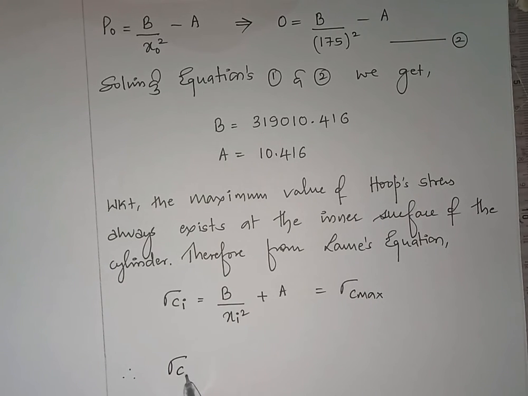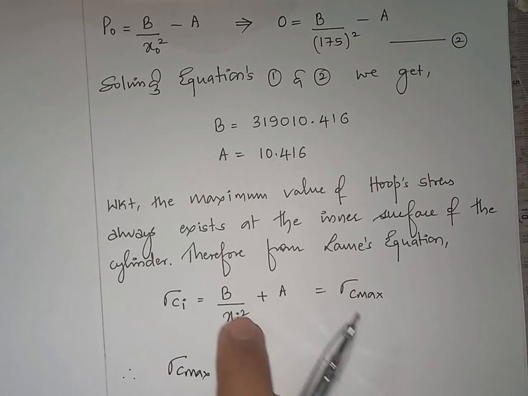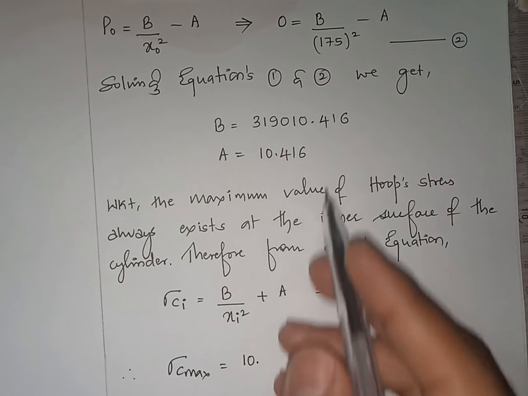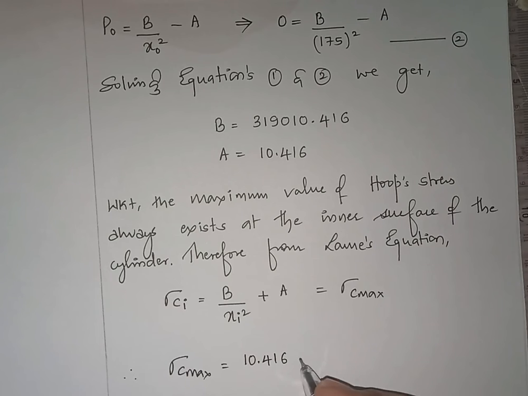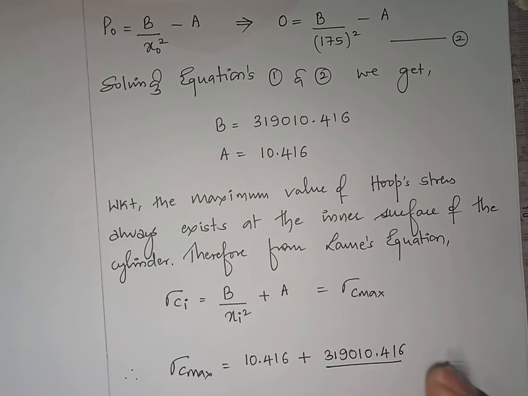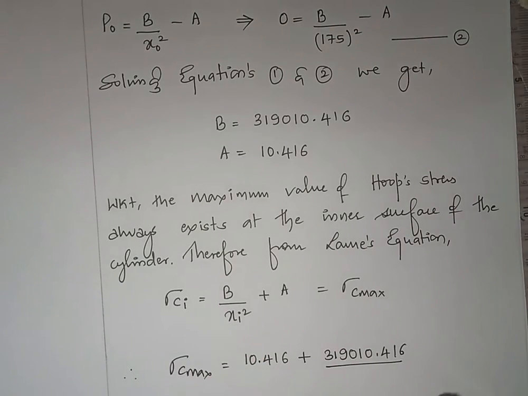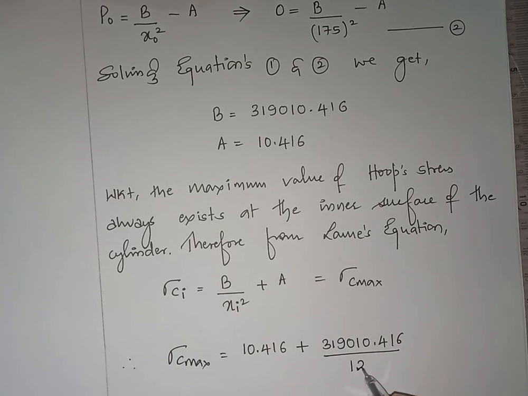So sigma C max is given by the value of A, 10.416, plus the value of B, 319010.416, divided by xi square. What is the value of xi? The value of xi is 125, squared.